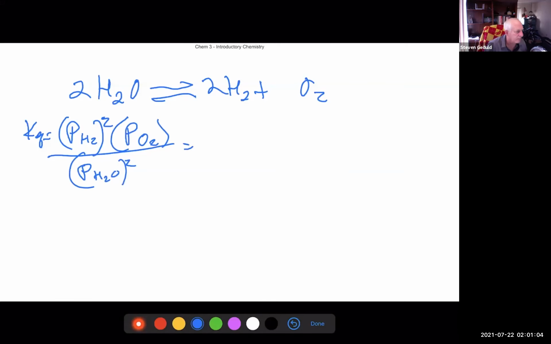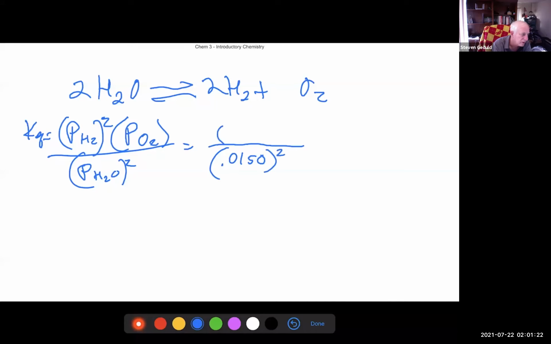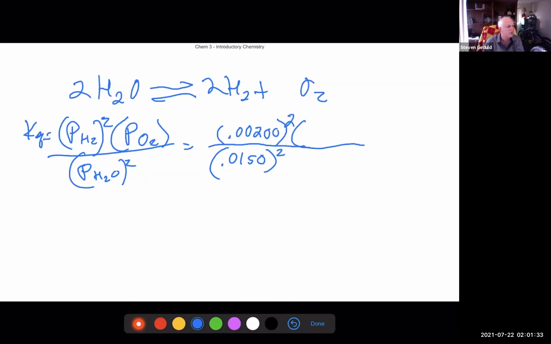The pressure of water, H2O, is 0.0150 atmospheres, squared. Hydrogen is 0.00200, and oxygen is 0.00300.